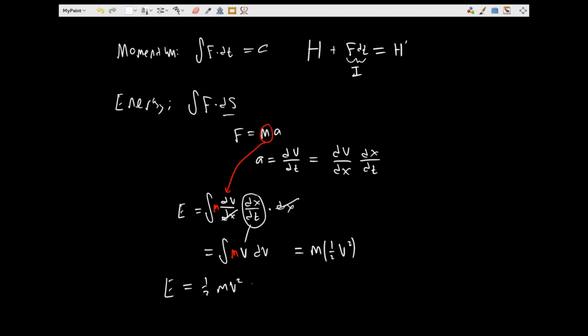But we can see a similarity here, where if we have momentum, we have a force multiplied by differential time, but in energy, we also have a force. The difference being that energy is going to be integrating this force along a distance, whereas momentum is integrating it over some time.